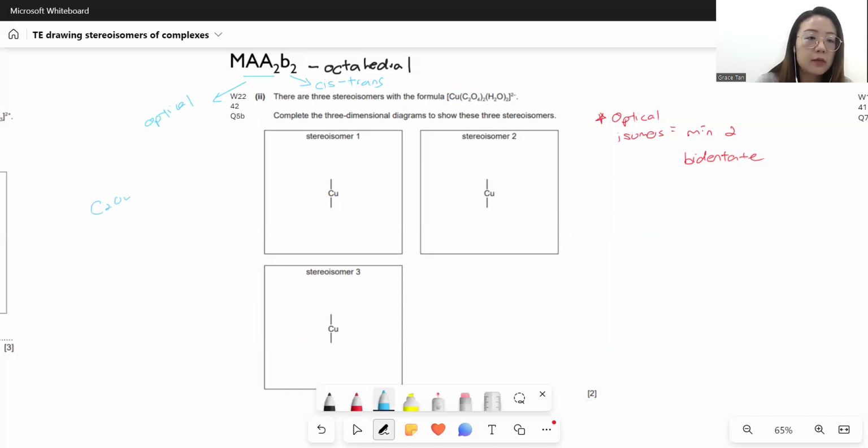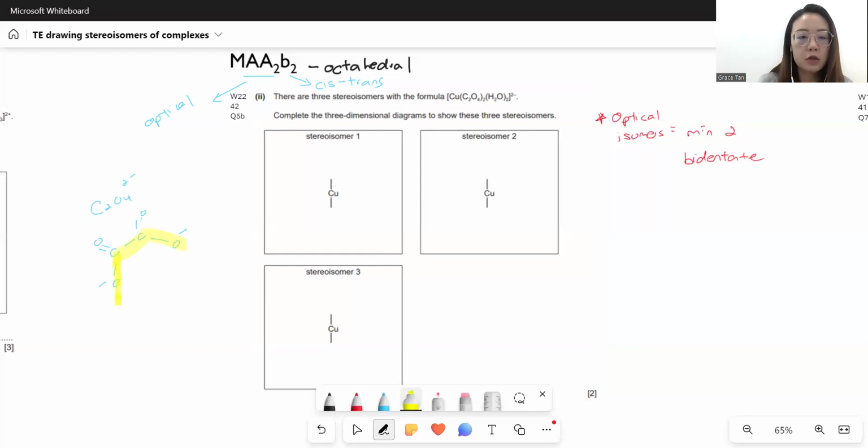C2O4 2-, is your oxalic ion or your ethane dioic. So they have this structure. Can you see it's also 4 atoms in length? OCCO, and they clamp in as your bidentate.